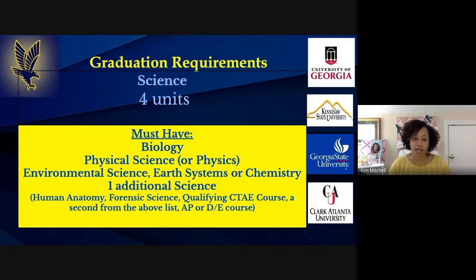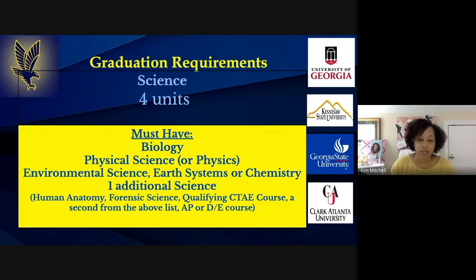You have to have 4 science, but of the 4, 1 must be biology, 1 must be physical science or physics. Those are similar, not quite the same, but they're in the same science family. So you have to have biology, have to have physical science. If you take physics, that counts as your physical science. And you have to have either environmental science, earth systems, or chemistry. And then 1 additional science. So for instance, you may have taken environmental science your 9th grade year, and then biology, and then physical science.